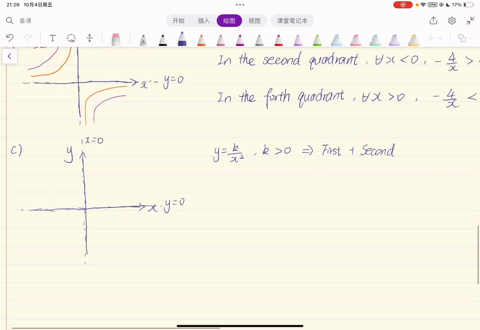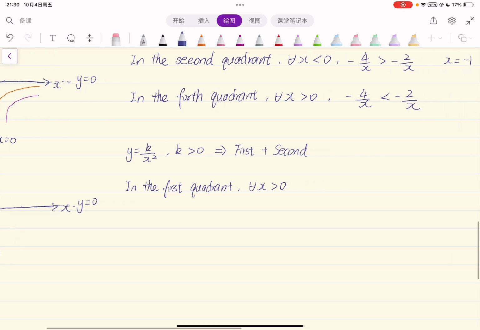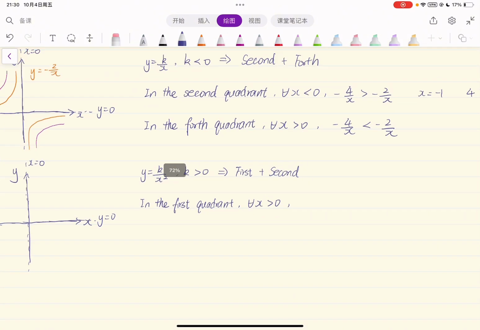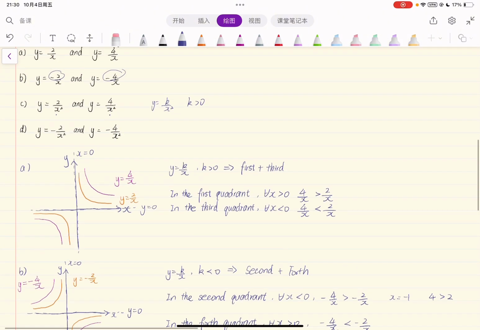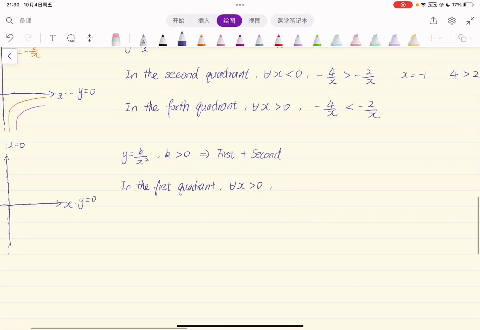Now, let's say in the first quadrant, for all x greater than 0, we have 2 over x squared is less than 4 over x squared, right?